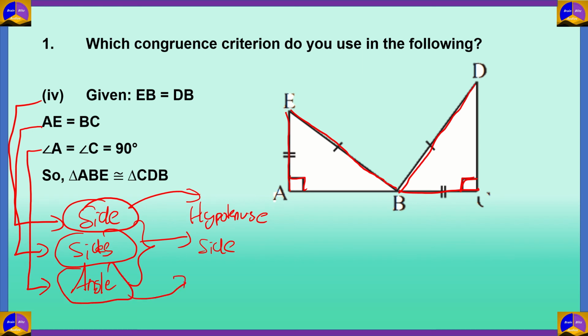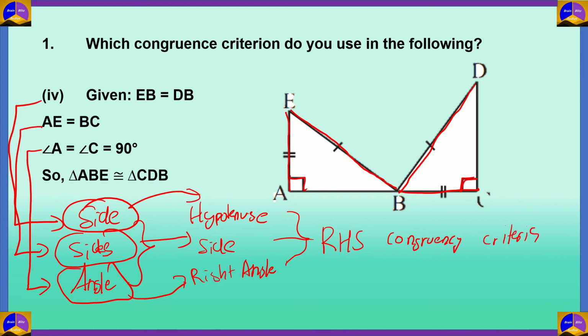Now since the angle is a right angle, as it's clearly specified, we'll write a right angle. Now these three form the RHS congruency criteria. So the answer for this question is RHS congruency criteria.